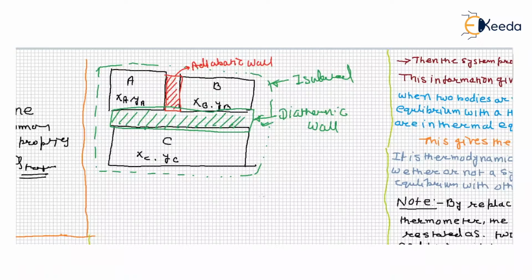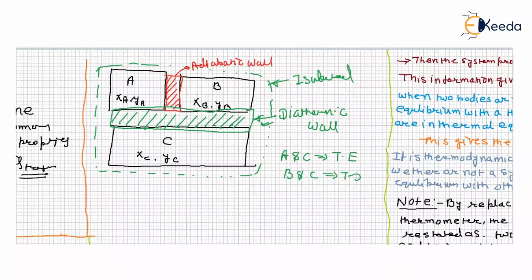Because we already understand that when we put a diathermic wall, there must be... A and C ये थर्मल इक्विलिब्रियम है, B and C ये भी थर्मल इक्विलिब्रियम है, because there is an adiabatic wall.